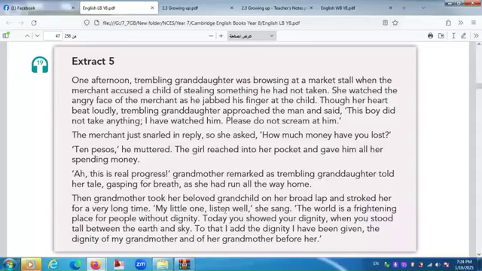"My little one, listen well," she sang. "The world is a frightening place for people without dignity. Today you showed your dignity when you stood tall between the earth and sky. To that I add the dignity I have been given, the dignity of my grandmother and of her grandmother before her."